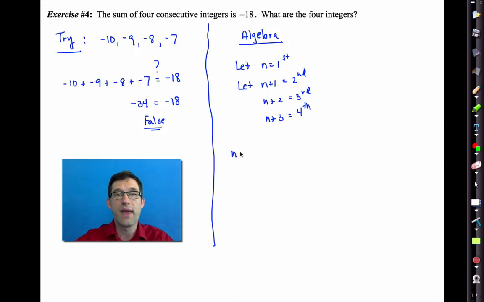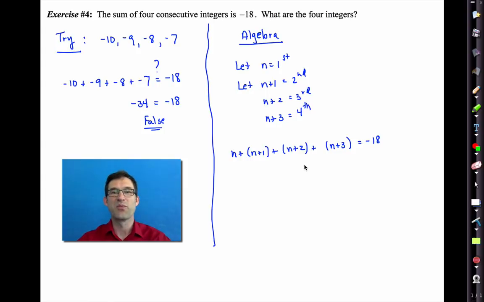I'm going to add them up. n plus n plus 1 plus n plus 2 plus n plus 3, and of course that's got to be negative 18. Now, watch me use some properties of real numbers. First, the associative property.